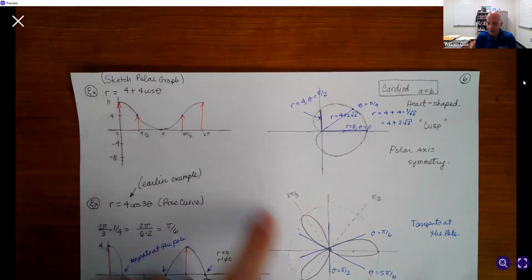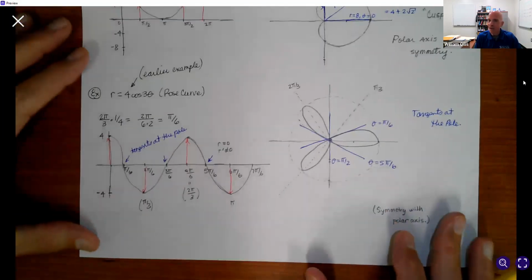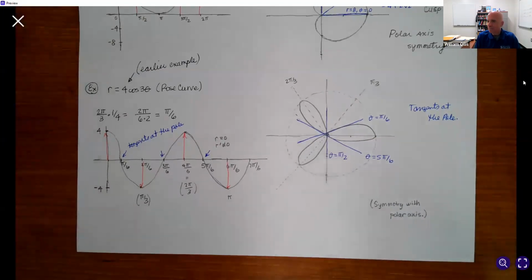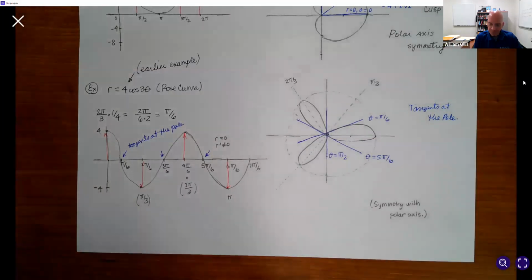That's why we don't have one of these. So again, it's very simple to find tangents at the pole, and usually that's all you're asked to do. But you still need to verify if you're not sure, or if you think you've got a curve that has the heart shape or the cusp, then you're good with that.